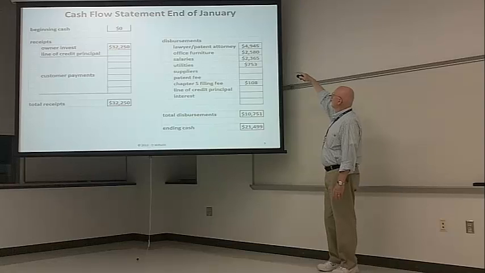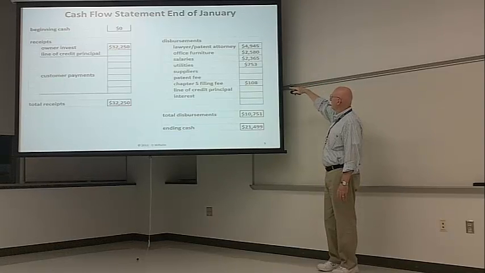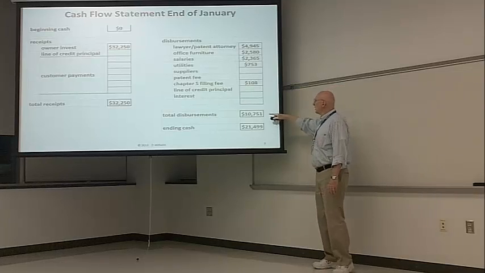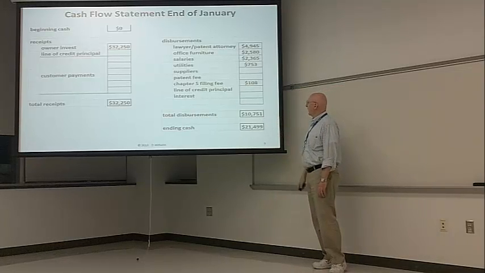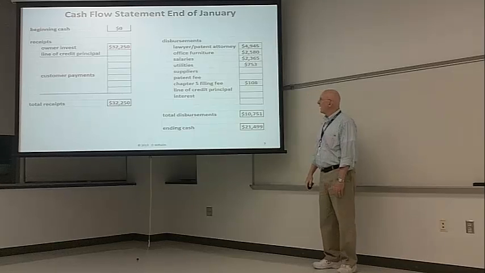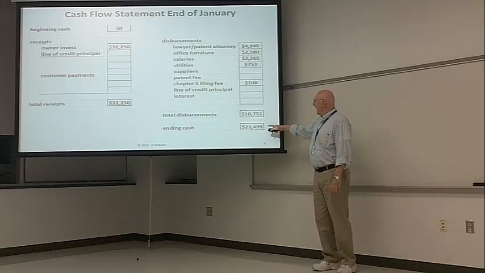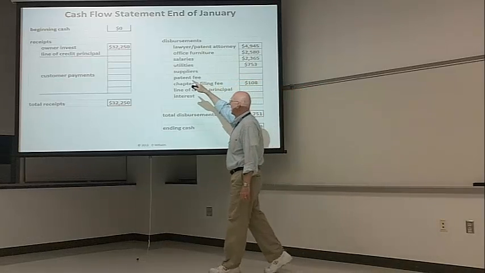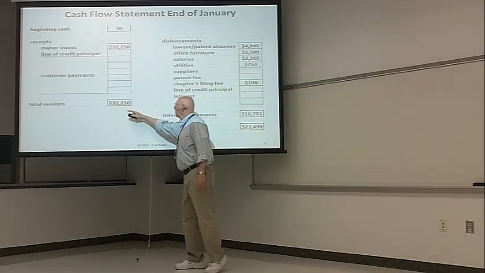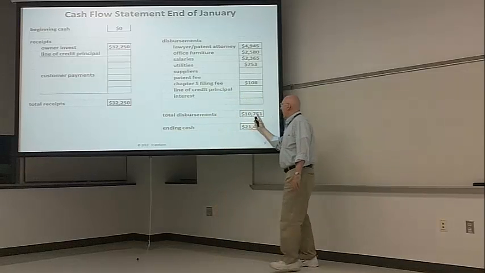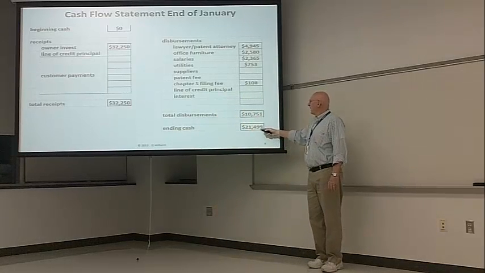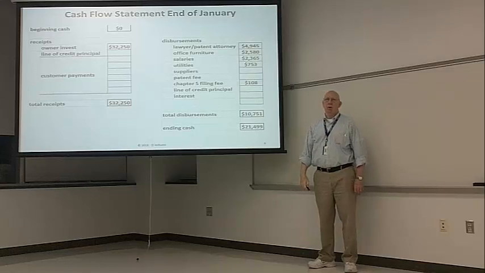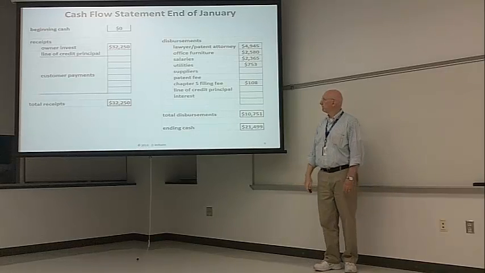So, lawyer, patent attorney, office furniture, salaries, utilities, Chapter S filing fee, total disbursements are $10,751. So the ending cash is going to be the beginning cash plus total receipts minus total disbursements, and that's going to be our ending cash of $21,499.